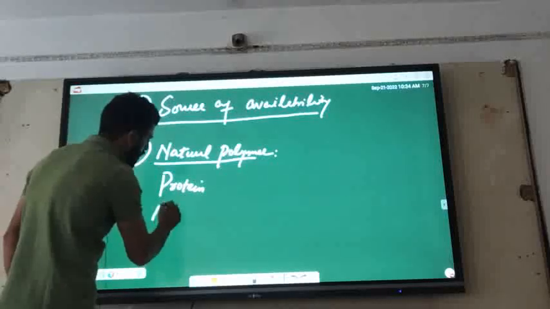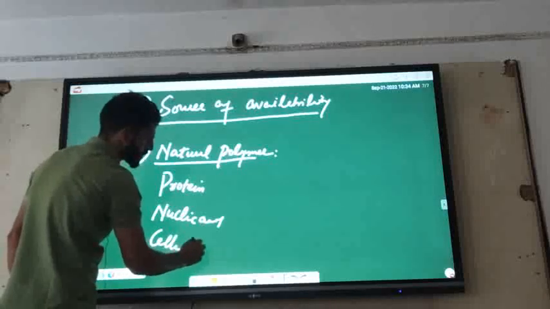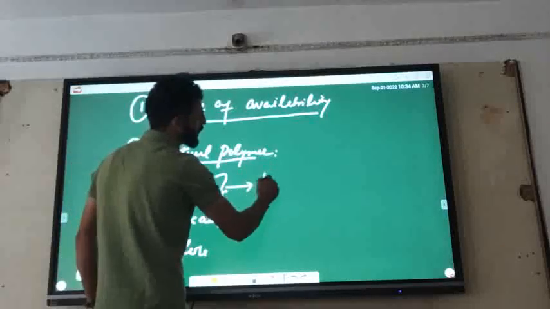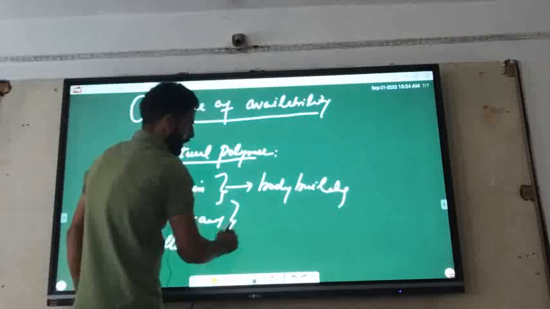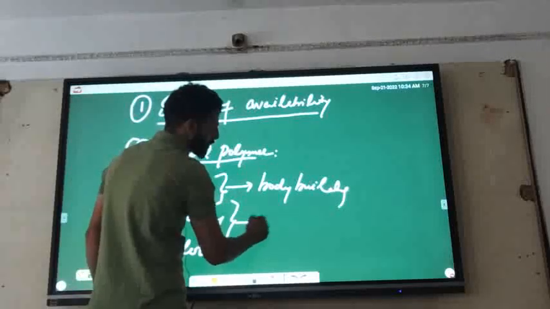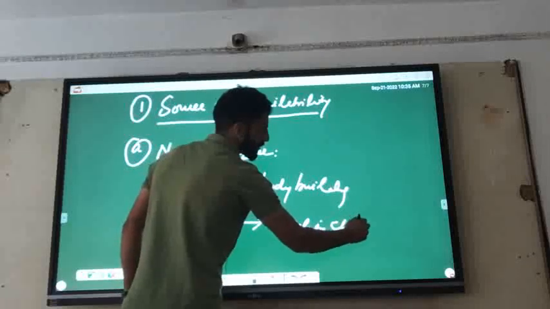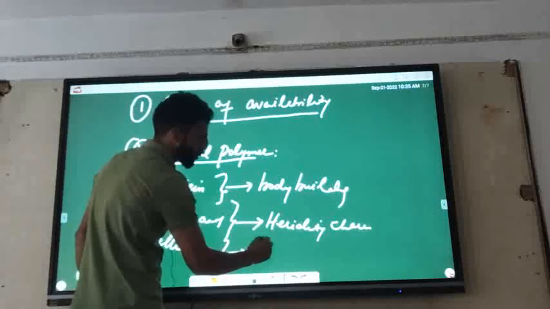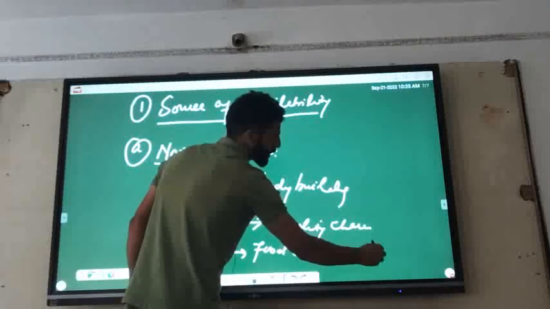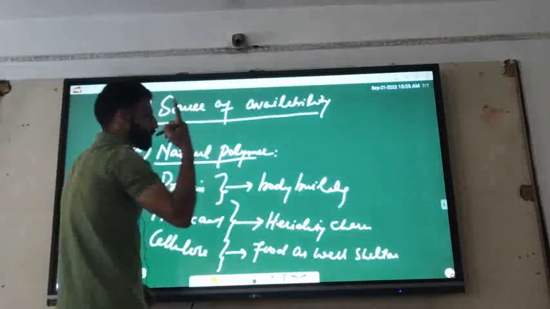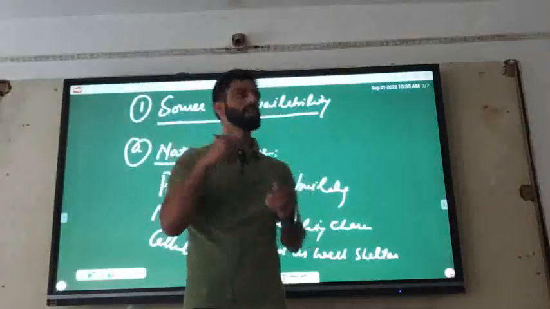We have examples like protein, nucleic acid and cellulose. Protein is used for bodybuilding. Heredity characters are carried by nucleic acid at the molecular level, and cellulose is used for food as well as shelter. So on this basis we classify these as natural polymers, obtained from natural sources like plants or other natural sources.